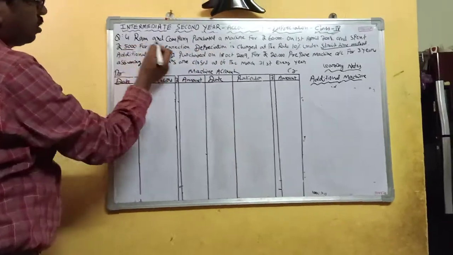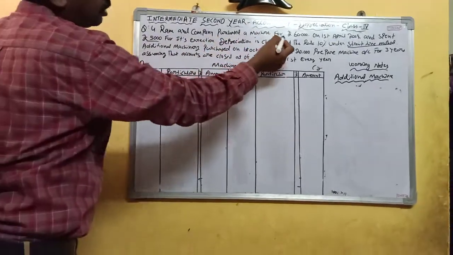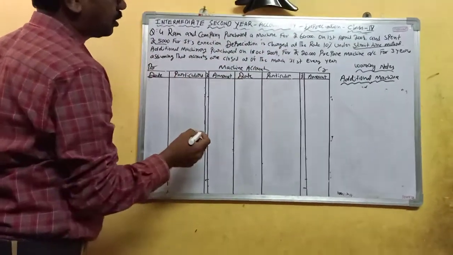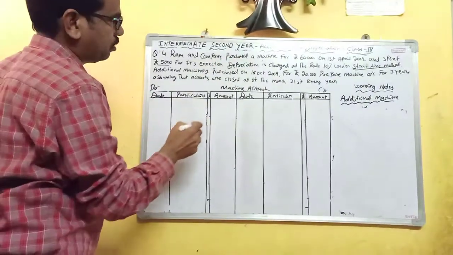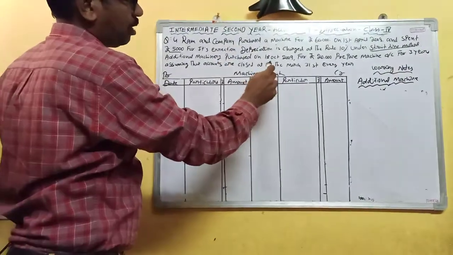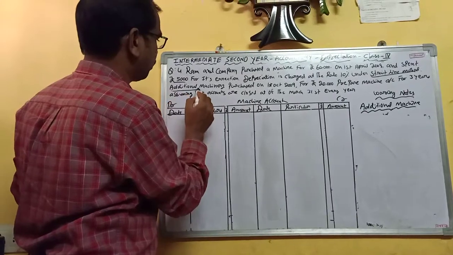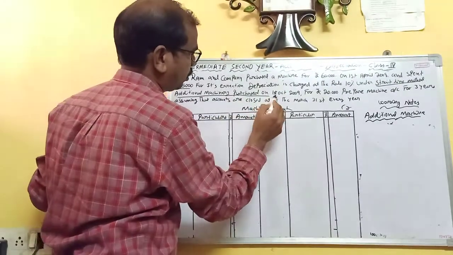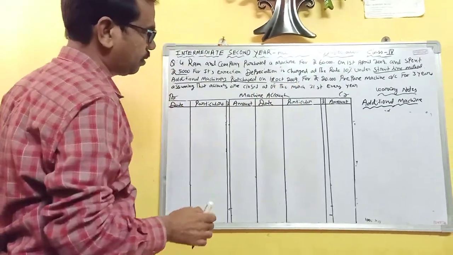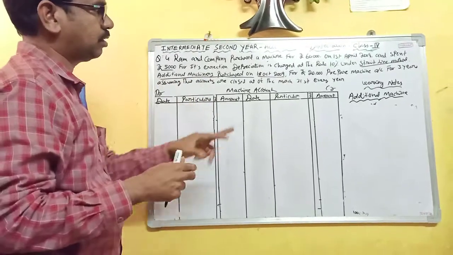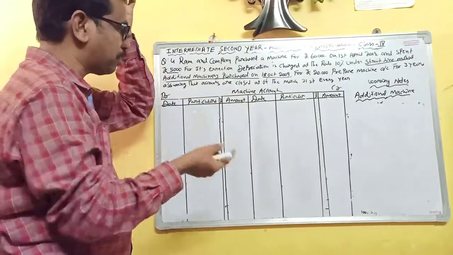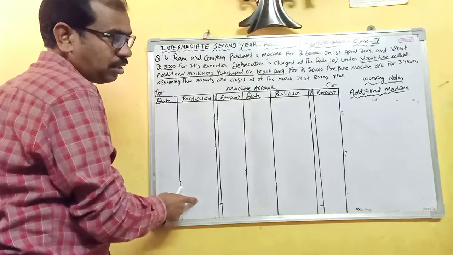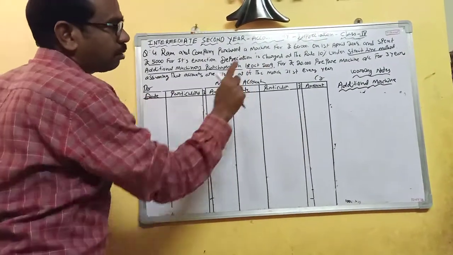Now, Rama and Company purchased a machine for rupees 60,000. Then we have to find out the second, new additional machine, bought on 1st October 2009. Here we have 3 years. We should find out in which year 2009 comes, first, second or third year. It will come in the second year.